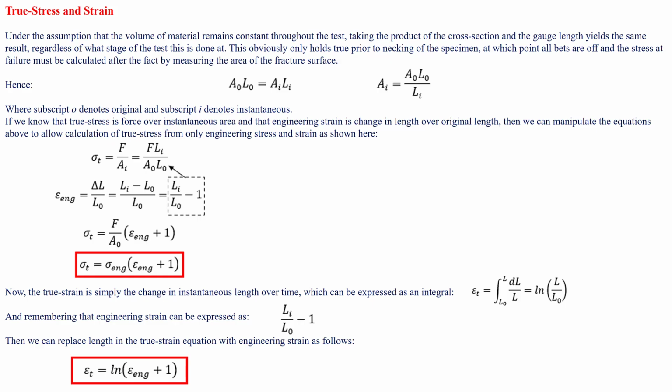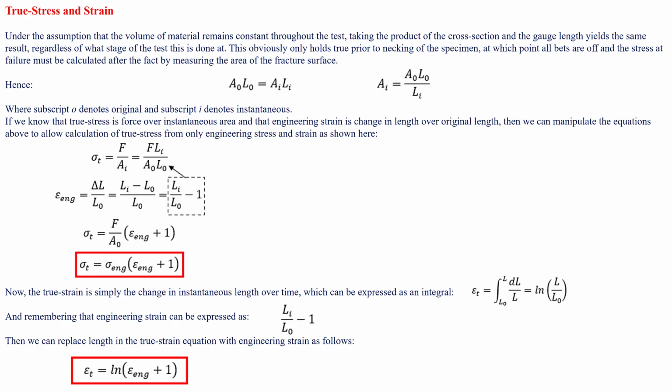So you can write the equation for true stress, which is force per unit area, as engineering stress times, inside brackets, engineering strain plus 1. Quite simple, right? True stress is equal to engineering stress multiplied by, inside brackets, engineering strain plus 1.